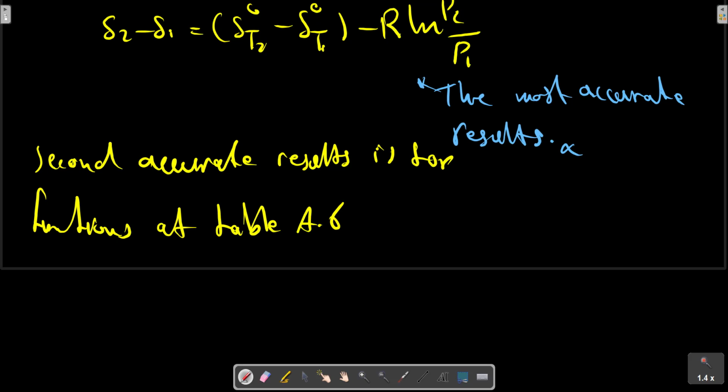Constant specific heat would be less accurate, except for monoatomic gases and for other gases below room temperature. Again, it should be appropriate in any particular problem.